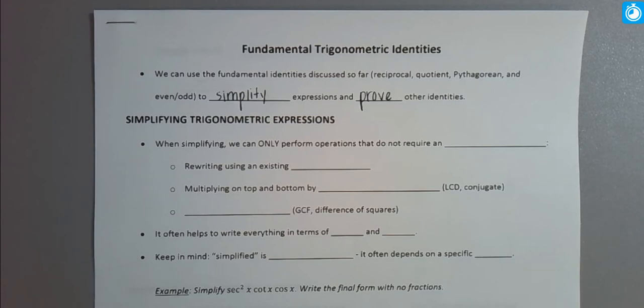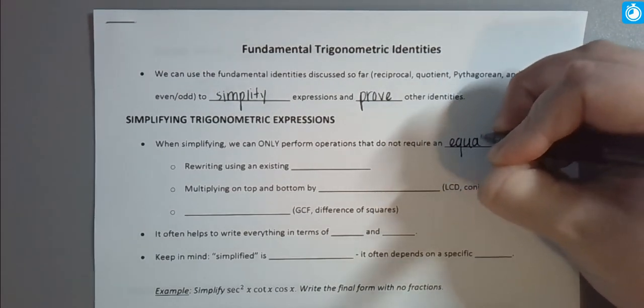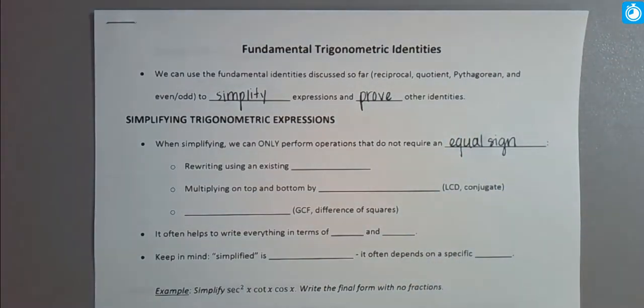When simplifying, we can only perform operations that do not require an equal sign. What I mean is, if it's the kind of operation where you would have to do it to two sides of an equation to keep things in balance, it's not allowed.